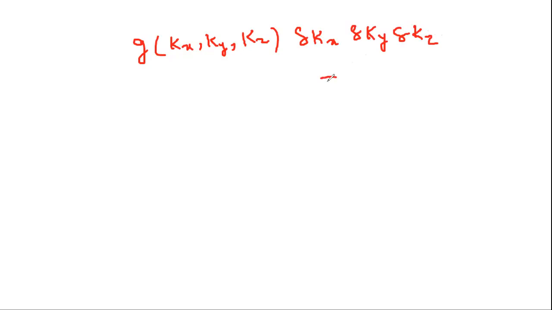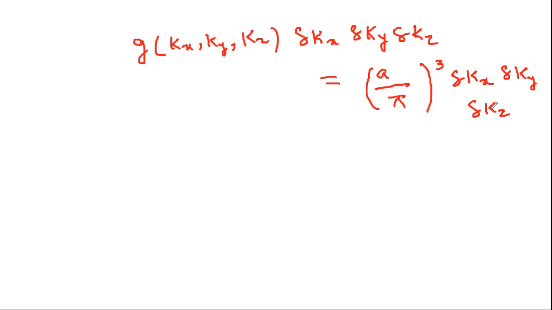This was equal to a by pi whole cube times delta kx, delta ky, delta kz. This was our equation third.